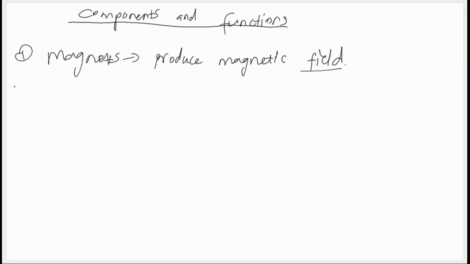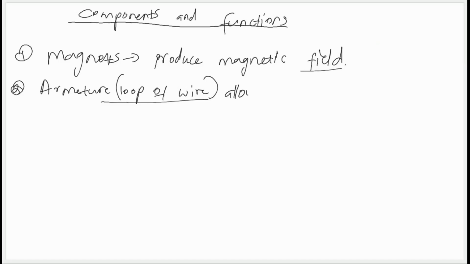Okay, so the second component is an armature. An armature is just a loop of a wire. What does this do? It allows EMF or current to move through.